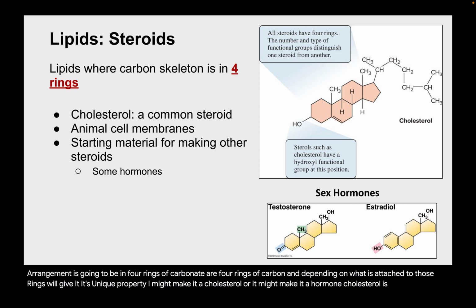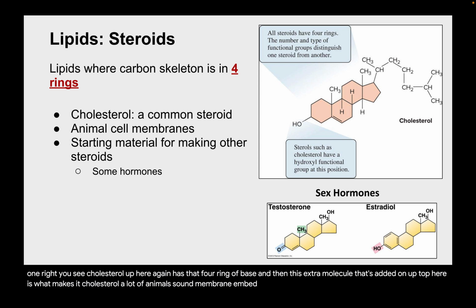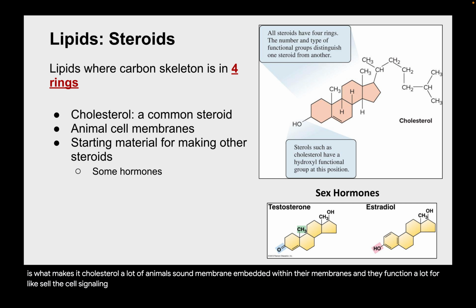Cholesterol is a really common one. You see cholesterol up here. Again, it has that 4-ring base, and then this extra molecule that's added on up top here is what makes it cholesterol. A lot of animal cell membranes will have these embedded within their membranes, and they function a lot for cell-to-cell signaling, so we can communicate with other cells.